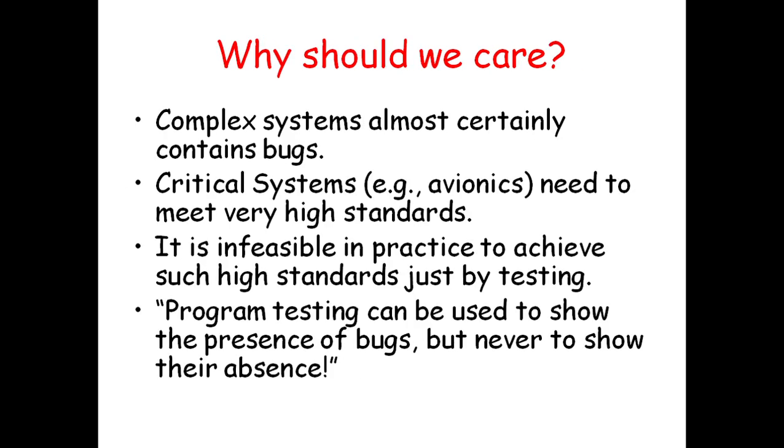Then why should we care? Why are formal methods, verification, testing, bugs, and critical systems all very important? Why should we care about them? Complex systems almost certainly contain bugs. And nowadays, many systems are very complicated.